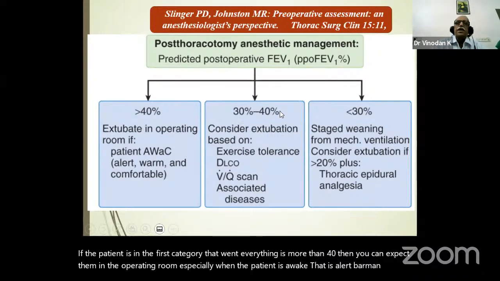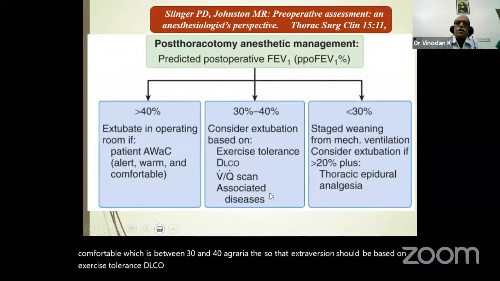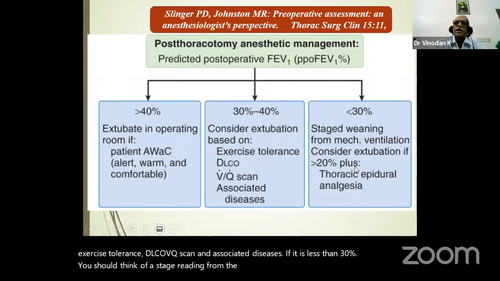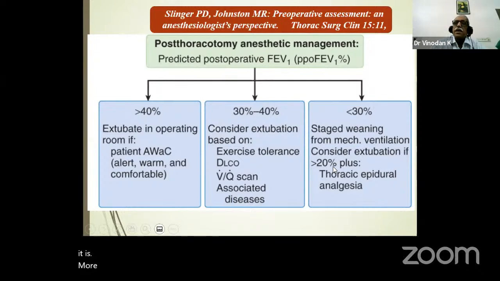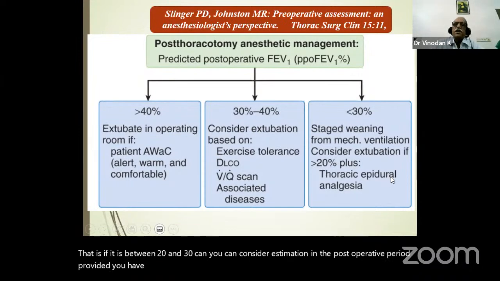If it is between 30 and 40%, it's a gray area, so the extubation should be based on exercise tolerance, DLCO, VQ scan, and associated diseases. If it is less than 30%, you should think of staged weaning from the mechanical ventilation, and consider extubation if it is more than 20%. That is, if it is between 20 and 30%, you can consider extubation in the postoperative period, provided you have thoracic epidural analgesia.